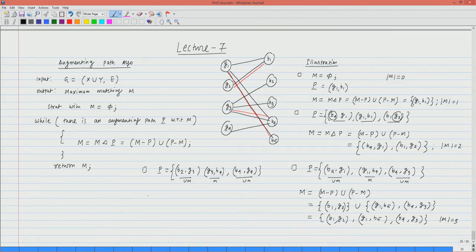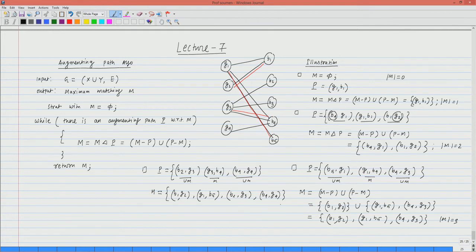And if you augment this one, you can check that your new matching will be B1 G2, which will not be affected, G1 B5 will not be affected, and then you will have B2 G3 and B4 G4.